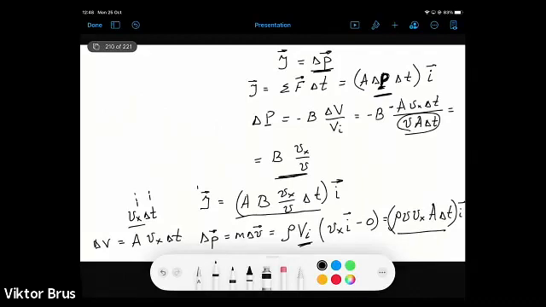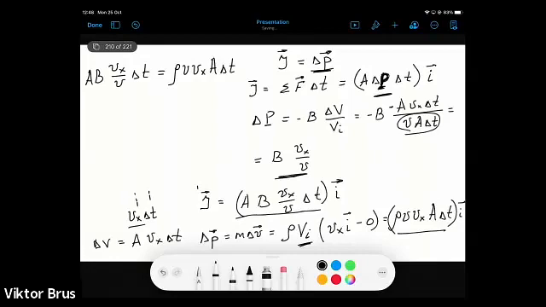So we can write that A times B times Vx divided by V times delta T, that stands for the amplitude of the impulse, is equal to rho times Vx times A times delta T, which stands for the magnitude of the change of the momentum.